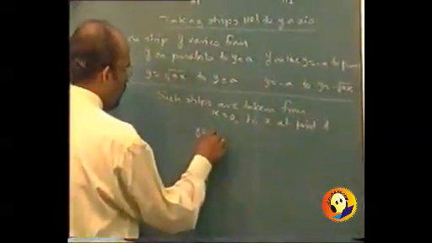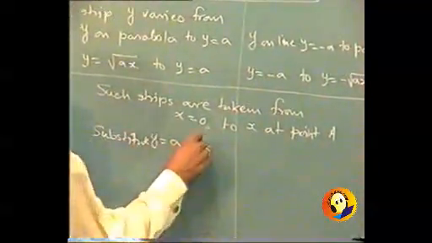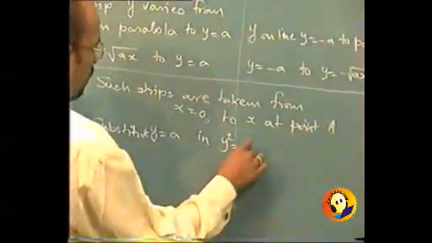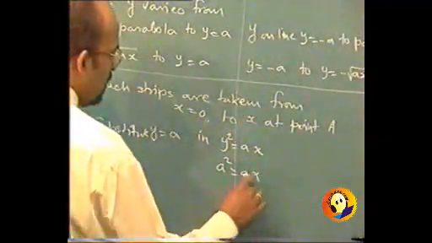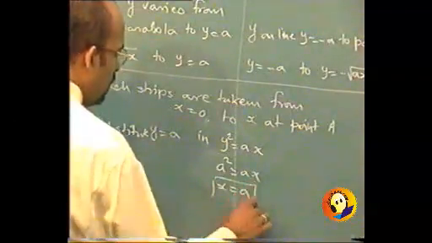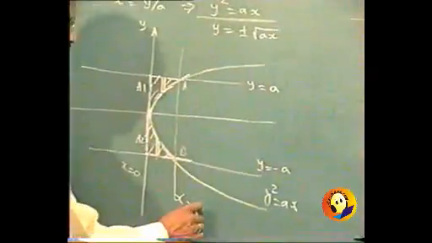So y equal to a in y square equal to ax, if you substitute, you will get a square equal to ax, that is x equal to a. So the equation of this particular line is going to be x equal to a.